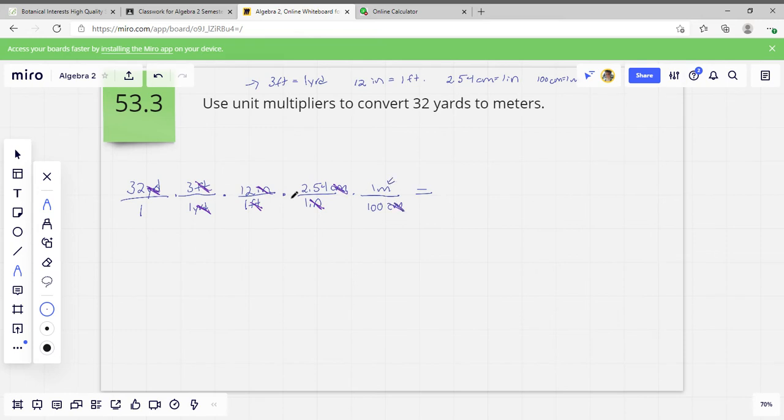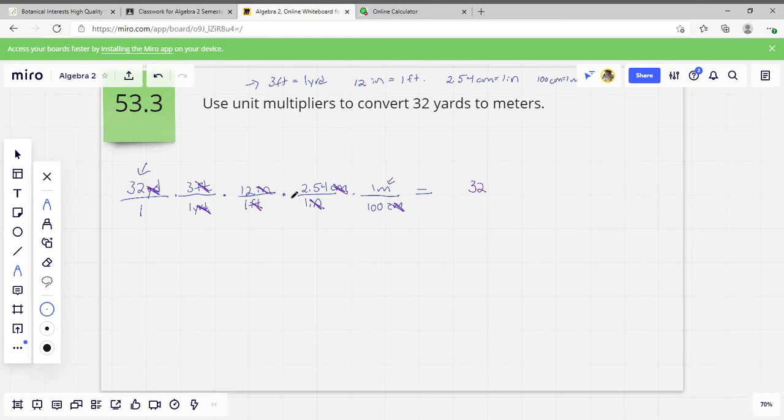So when I multiply across the top, I'm going to have 32 times 2.54 meters over, oh, wait, I forgot the 12. Go back here. Okay, I've got 32. Oh, I forgot a bunch of stuff.